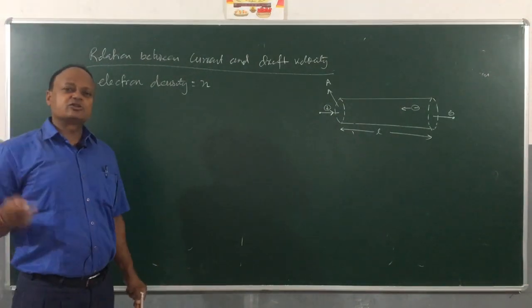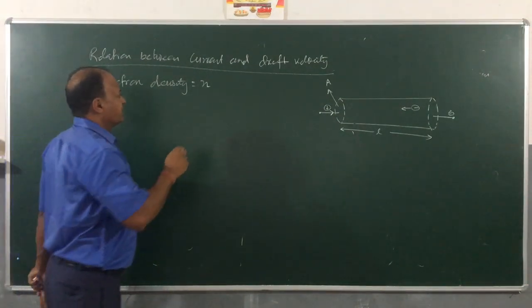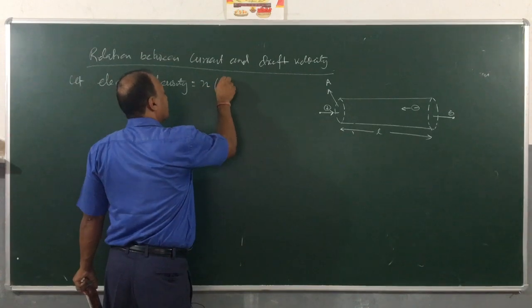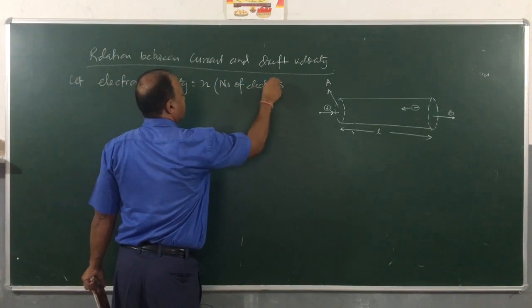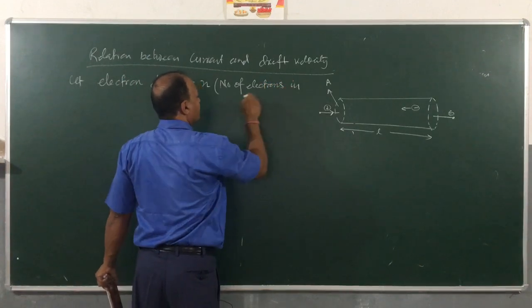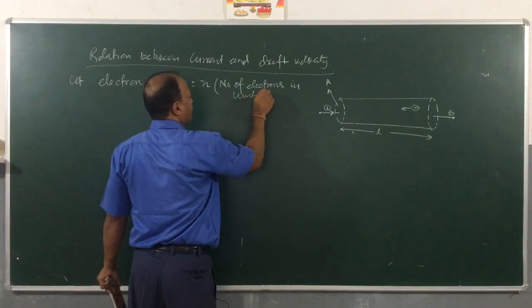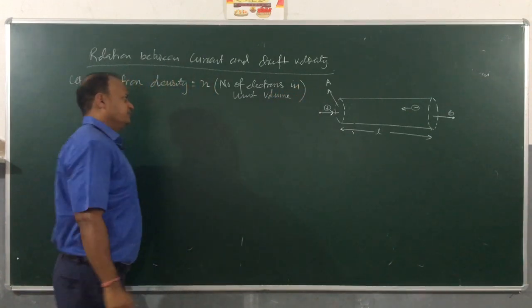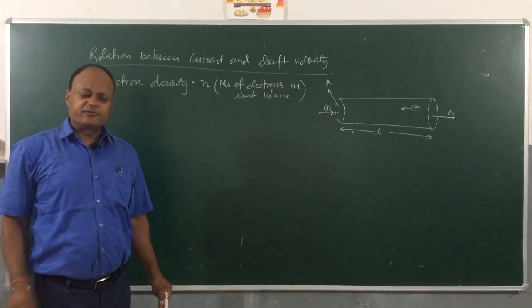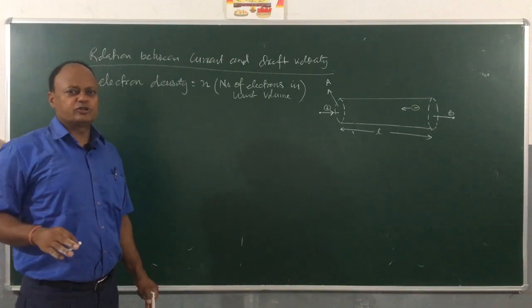Now electron density is also called charge density. It means the number of electrons in unit volume. And children, remember, this is a characteristic of a conductor. Different conductors have different numbers of electrons in unit volume.